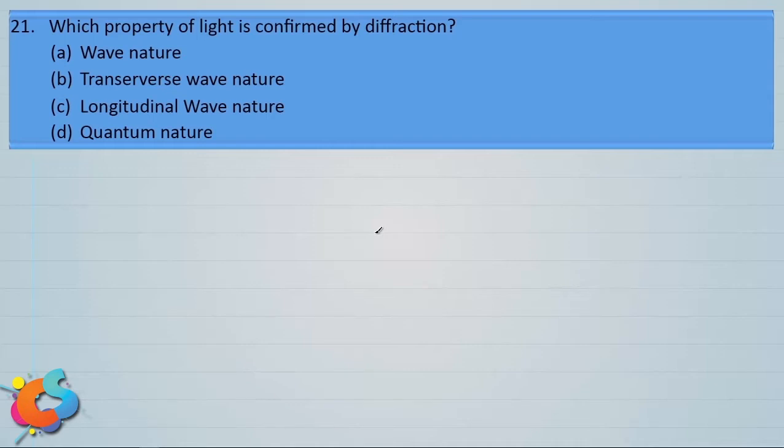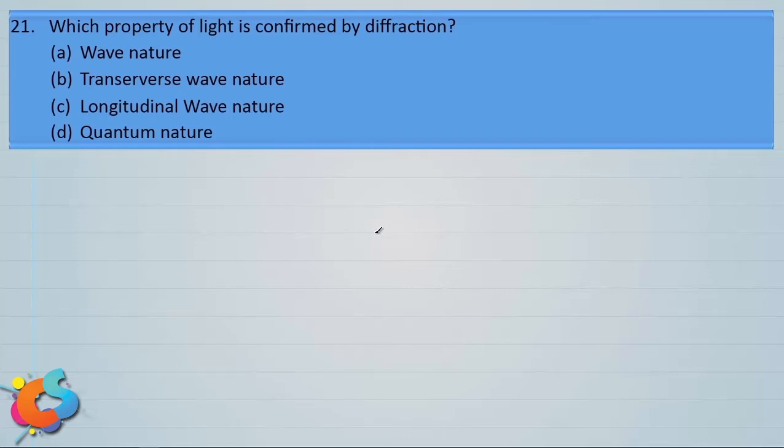Diffraction is a wave phenomenon, and when you have a diffraction experiment, it clearly confirms the wave nature of light. However, it doesn't give you any information regarding the nature of the wave because both longitudinal and transverse waves undergo diffraction.